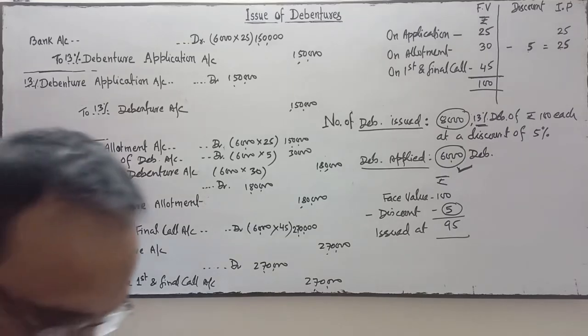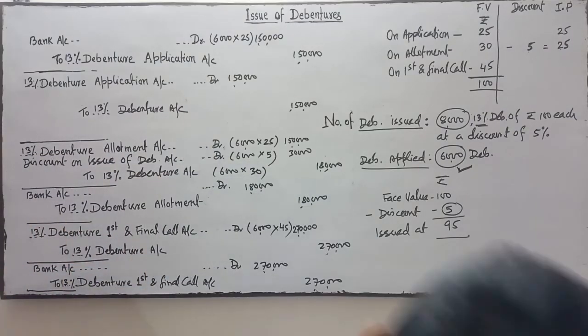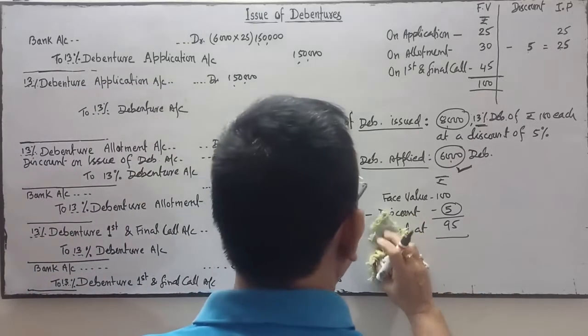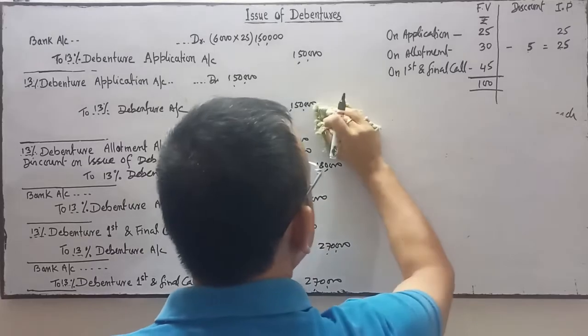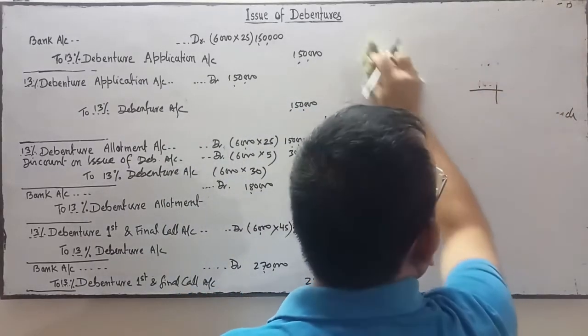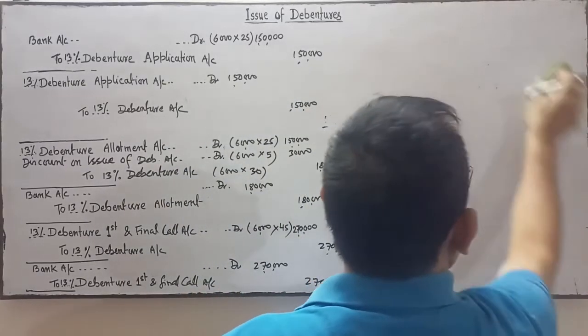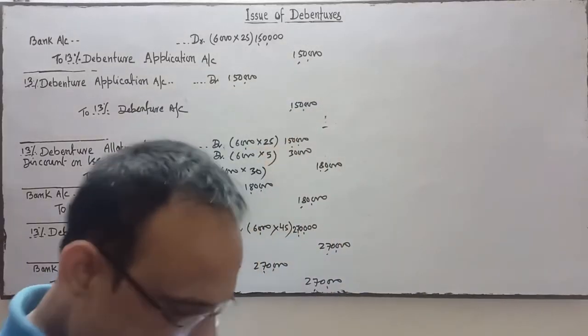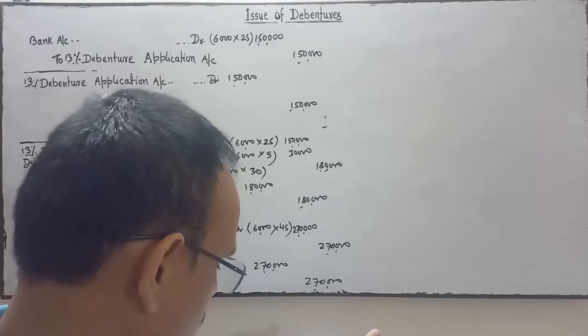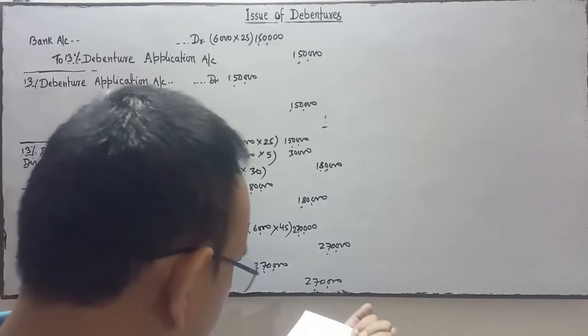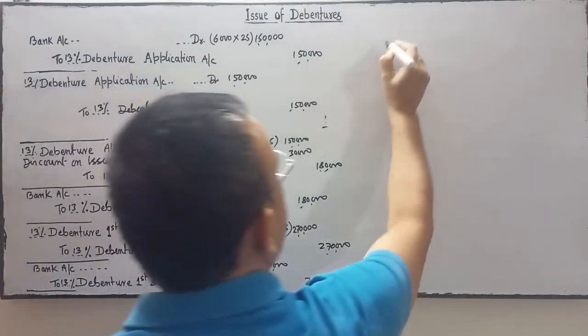The next entry is related to expense on issue of debenture. In this case, expense on issue of debentures amounted to rupees 20,000.